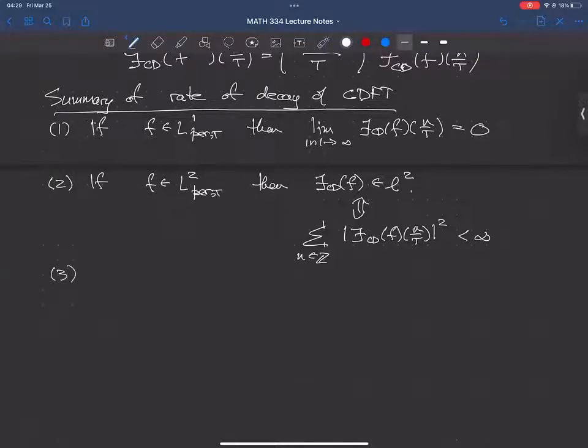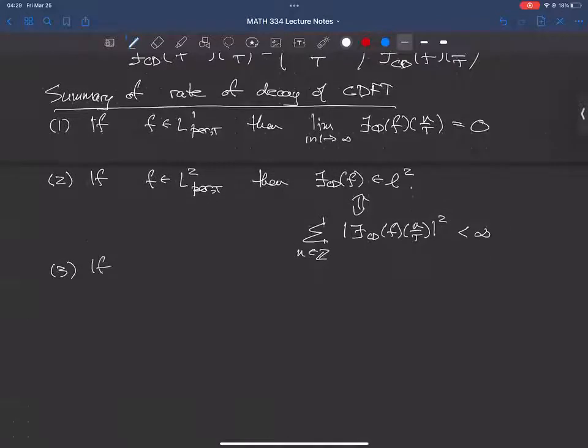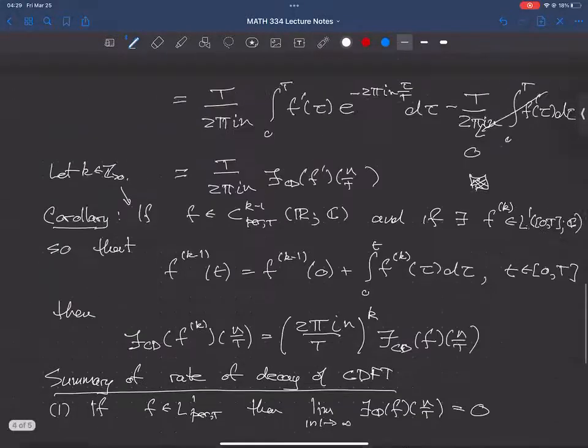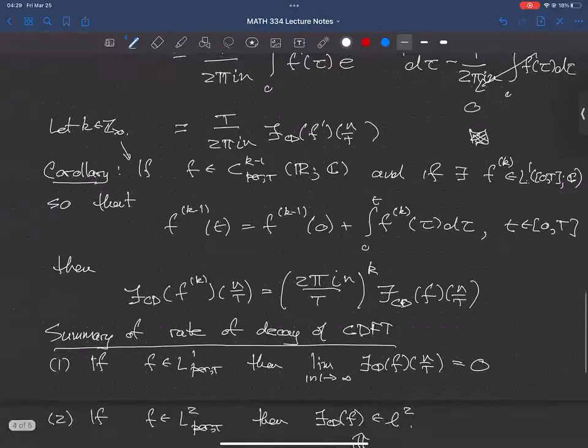Now, next, we have the case of some regularity. So if f is in C^k per, that in particular includes the little corollary here. If f is in C^k per, then certainly I have the kth derivative of f, the actual kth derivative of f.